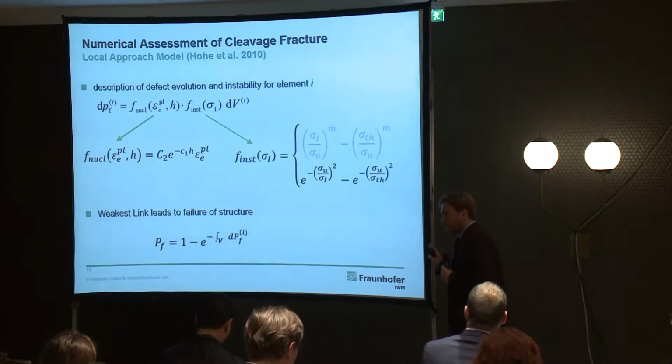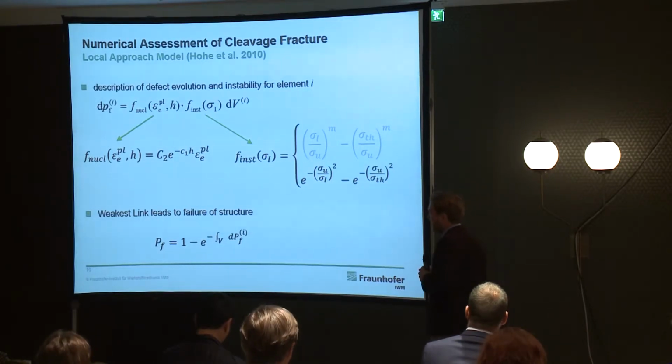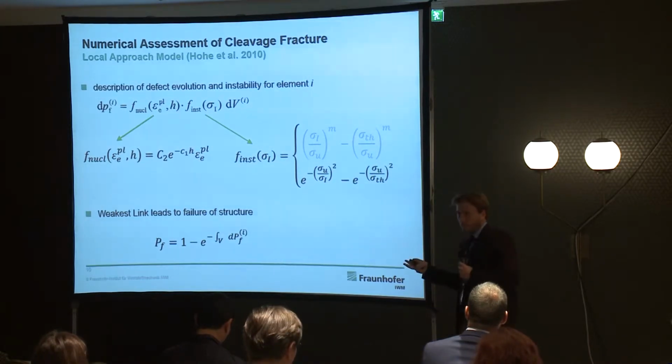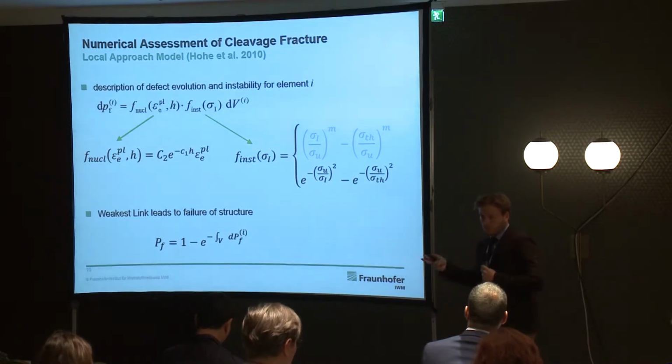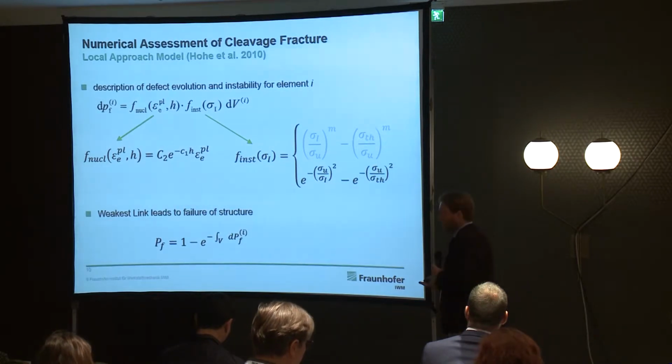Not going to get into too much detail about the model because it's a topic on its own, but basically it's a relatively sophisticated model from 2010 from a colleague of mine, and it has an instability term which is governed by the maximum principal stress, similar to the original Beremin model.